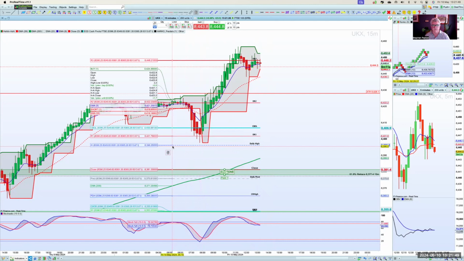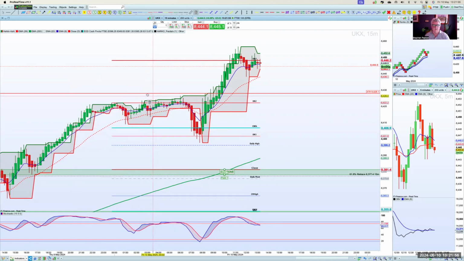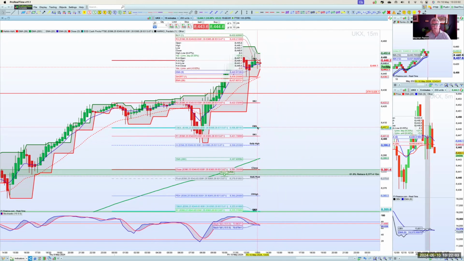The other thing that we want to be looking at is a breakaway trade. So a breakaway trade would identify as a Camarilla R4 or Camarilla breakout long, as we talked about in part 1 of the cash pivots.